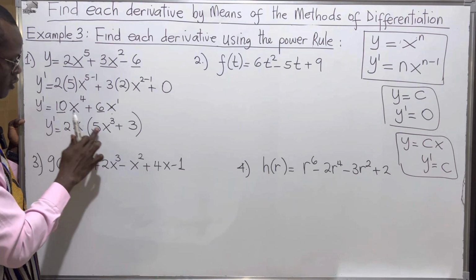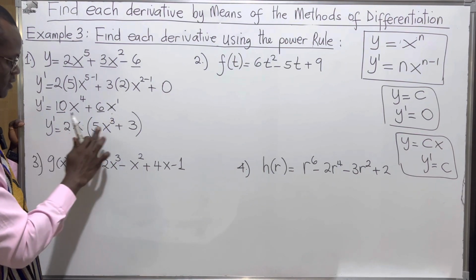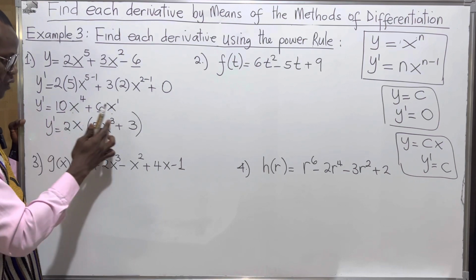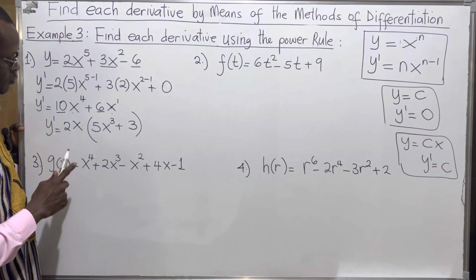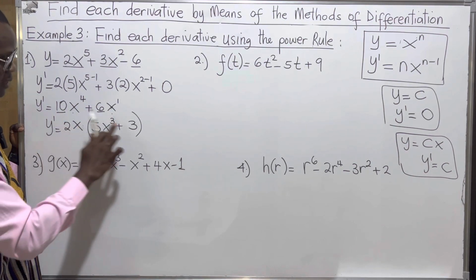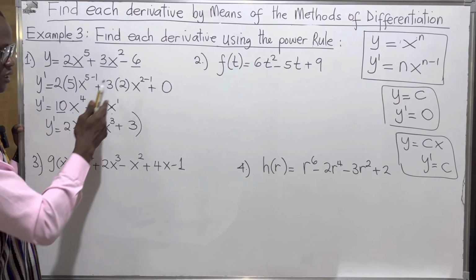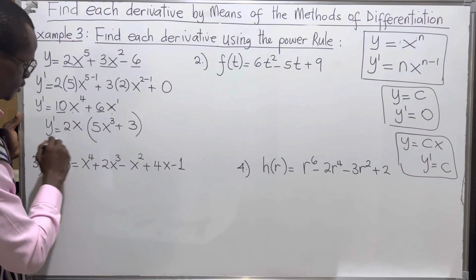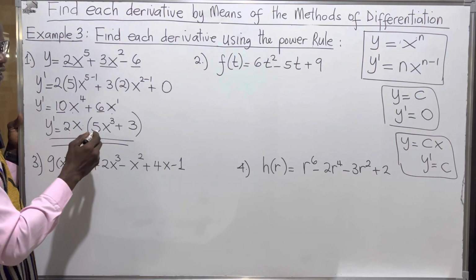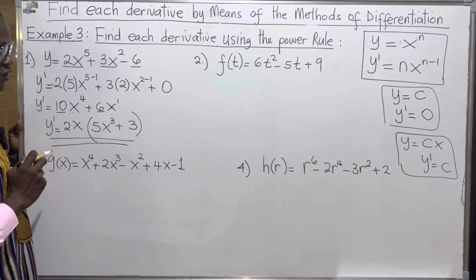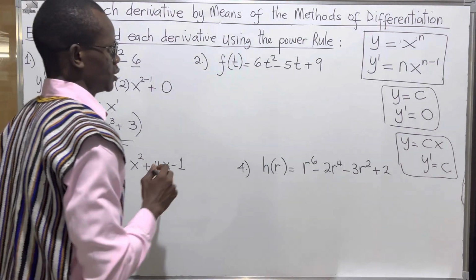X to the 1st power times x to the 3rd. When the bases are the same, you add your powers. 1 plus 3 is 4. And likewise with this, 2 times 3 is 6, and x times 3 is just x. So this is what we call the derivative of this particular function. So we'll move to the next one.